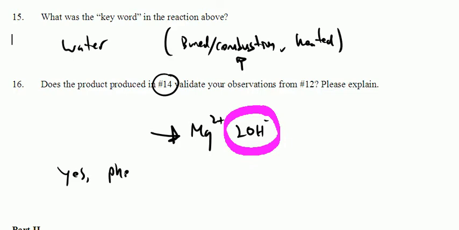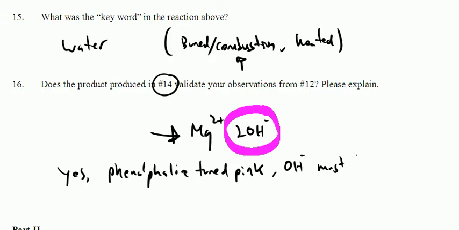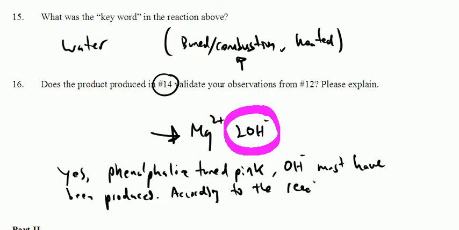When phenolphthalein turned pink, OH minus must have been produced according to the reaction. OH minus was produced.